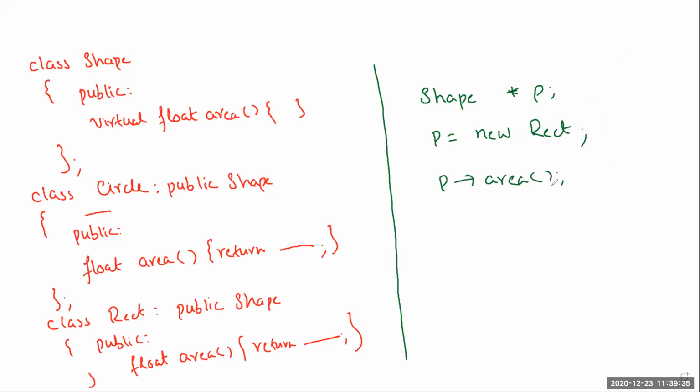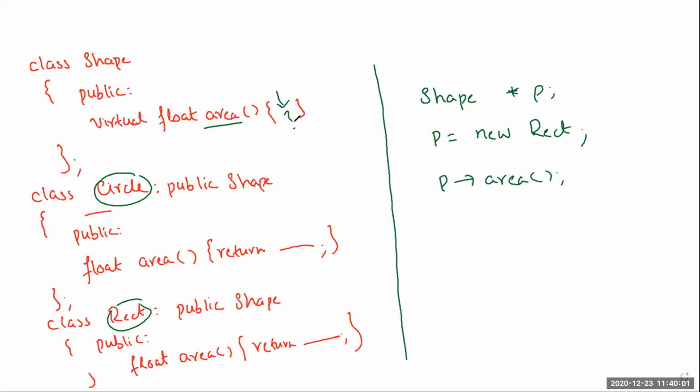Now you see, this area function will never be called, because every time you will either create an object of a circle or rectangle. But we need to make this area function, because if we don't make it in the parent class, we cannot do polymorphism, right? But its body actually is meaningless, because what should we write here?